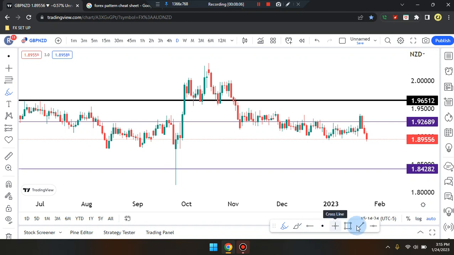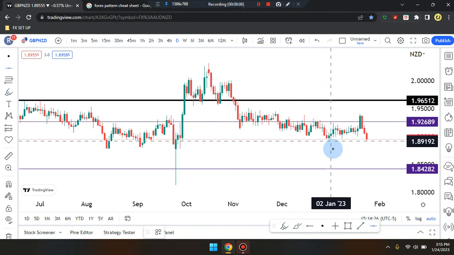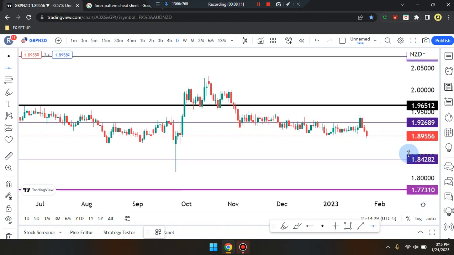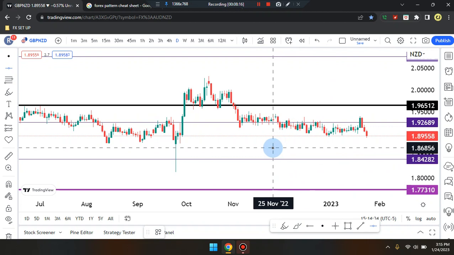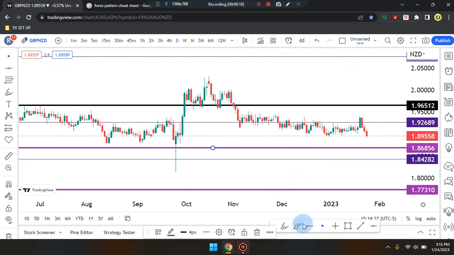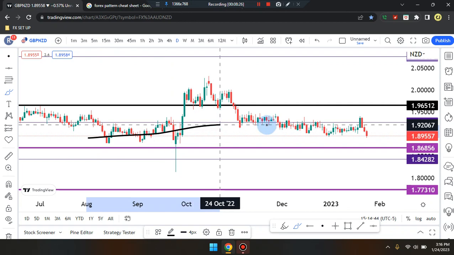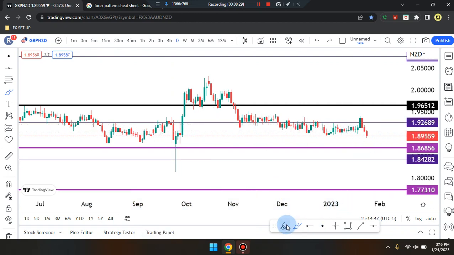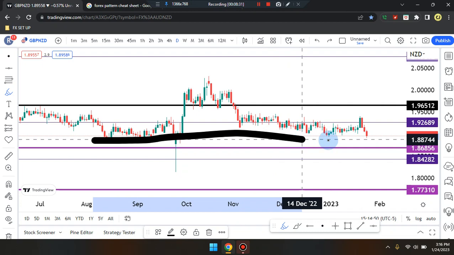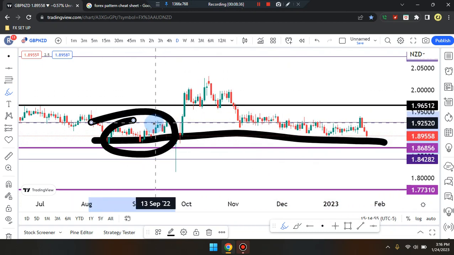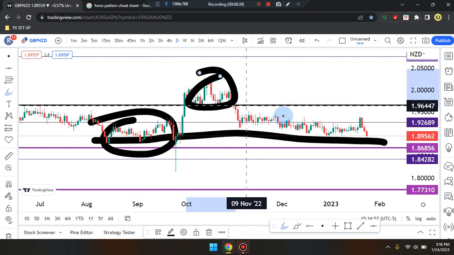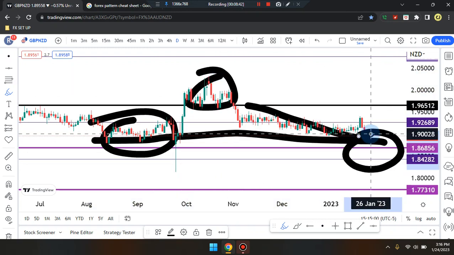So let's add a midpoint between the black SR line and the purple SR line, put a midpoint right between that, and we can see that price action, we're going to add a zone as we get down to the 4-hour time frame, but we can see price action returning back to those areas of support as a previous side, or at least trying to. So it multiple touches this area, came down to a low, pushed up to a high, and it pushed its way back down towards that low area.